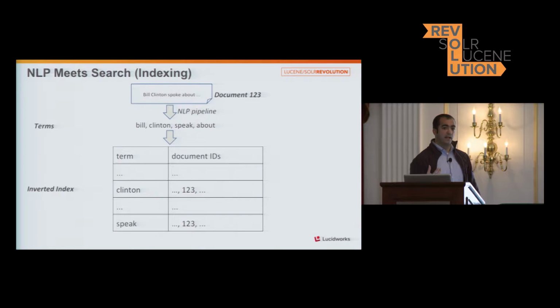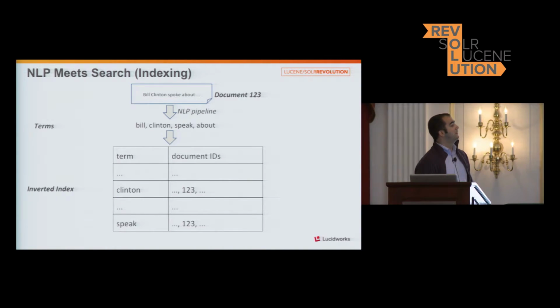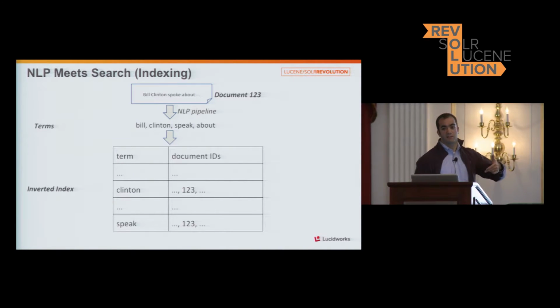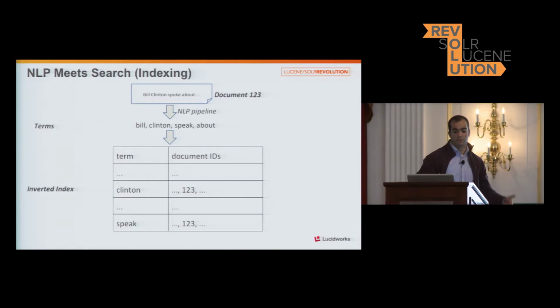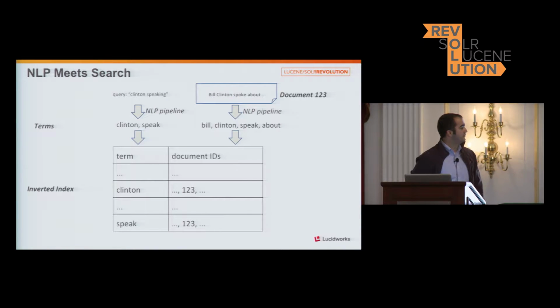So that text was sent through the same or a very similar NLP pipeline that tokenized and happened to lemmatize spoke to speak, so that when you search for Clinton speaking, you'll get a match on this. So here it is, both sides.